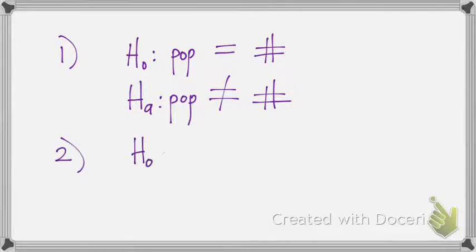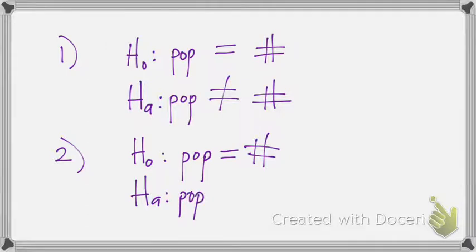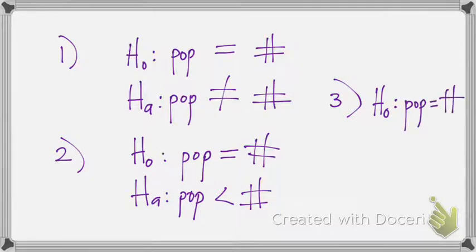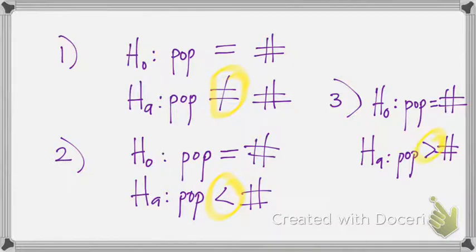The null hypothesis is that population equals some sort of number. The alternative is that population is less than the number. Number 3, the null hypothesis, population equals a number. The alternative is that population is greater than the number. So the difference is you could have a not equal to test, a less than test, or a greater than test.